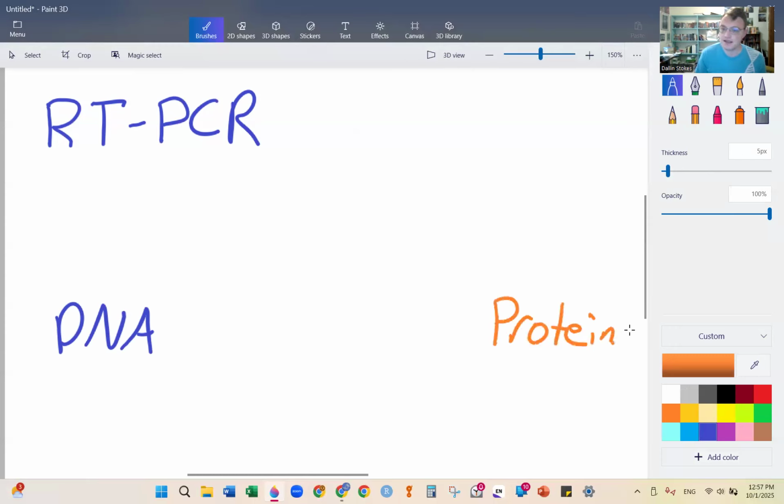And proteins do everything that needs doing in the cell. So you've already learned about a few, specifically enzymes, which are proteins that make chemical reactions happen faster. So enzymes like DNA polymerase or ligase, those are all proteins. So anything that needs doing in the cell is done by these big molecules called proteins.